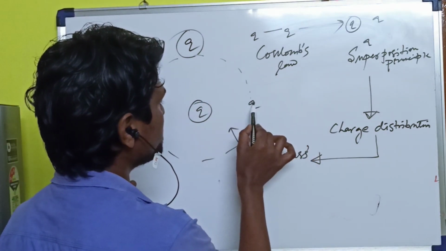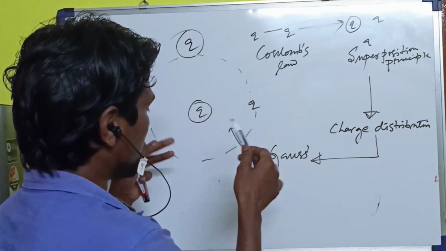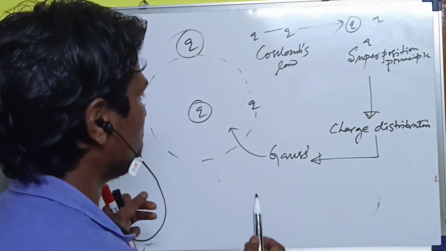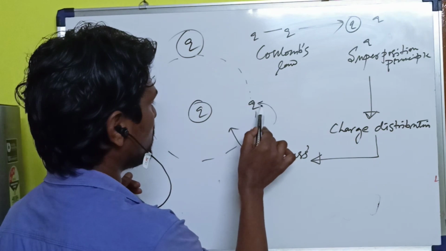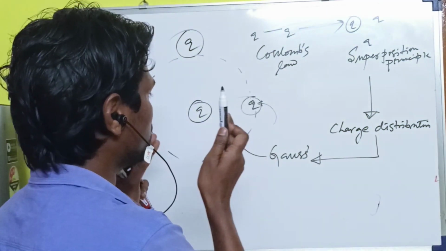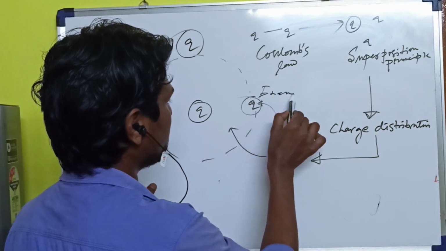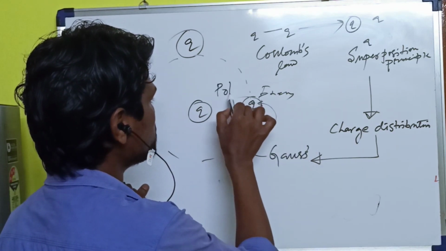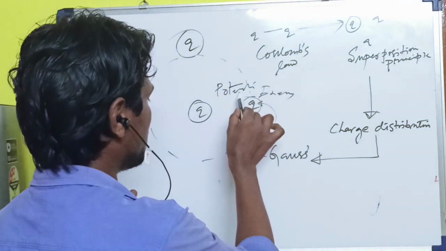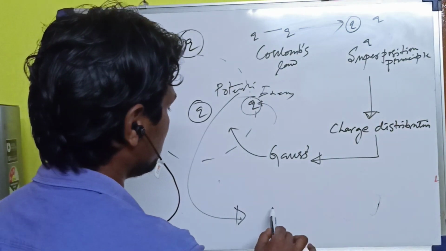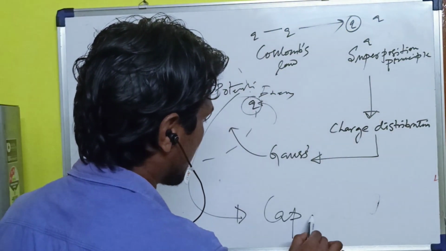When we keep a charge near another charge, an external agent must do work, and this work done is stored as energy. So the next topic is potential and potential energy, and when it is stored, it is called a capacitor.